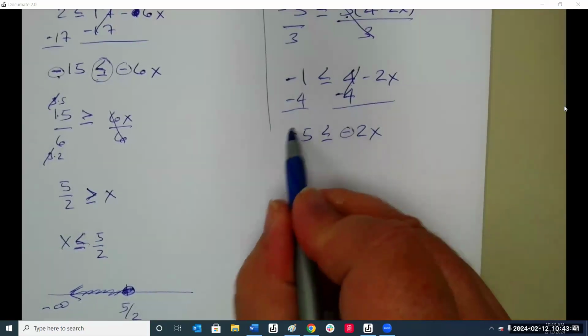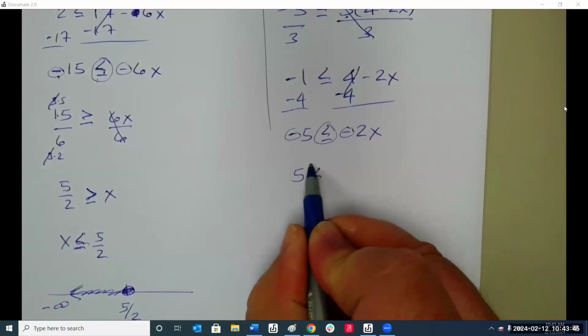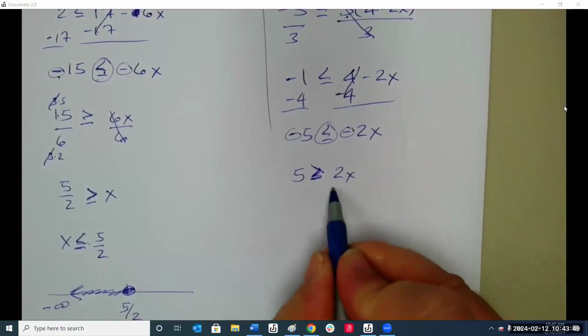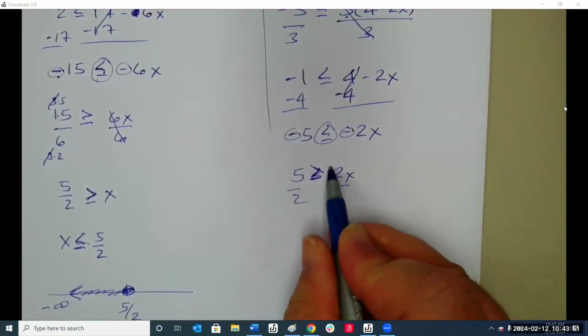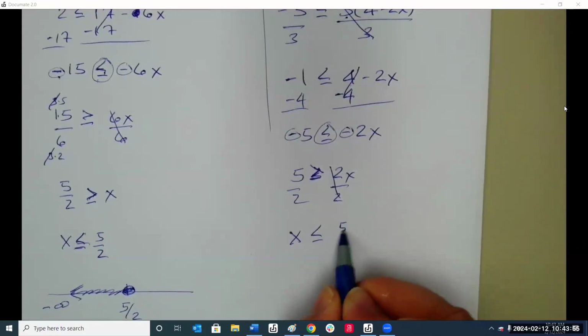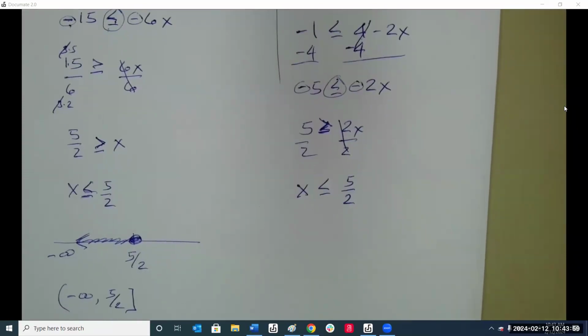Change the signs, change everything. So we have 5 is greater than or equal to 2x, divided by 2. So x is less than 5 over 2.